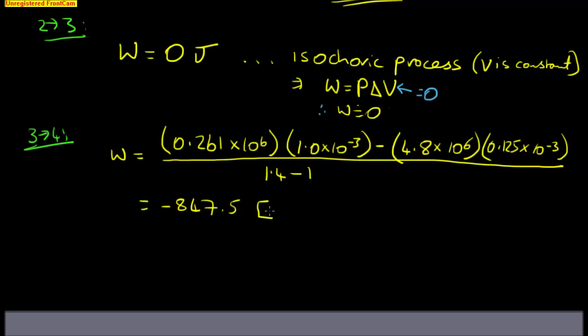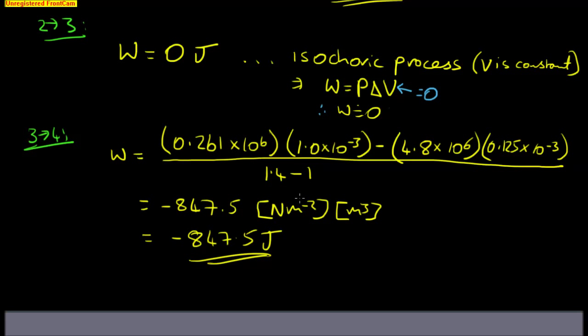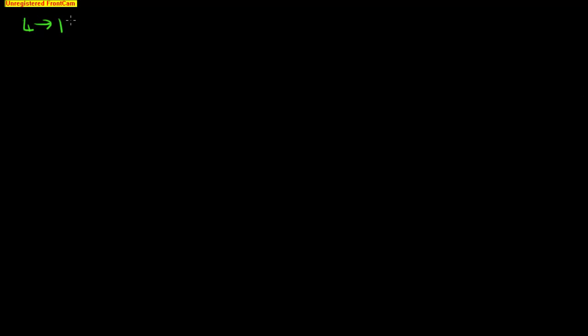And that comes out as minus, in this case, 847.5. Again, the units cancel and give us joules. Process 4 to 1, again, it's an isochoric process, so work is equal to 0.